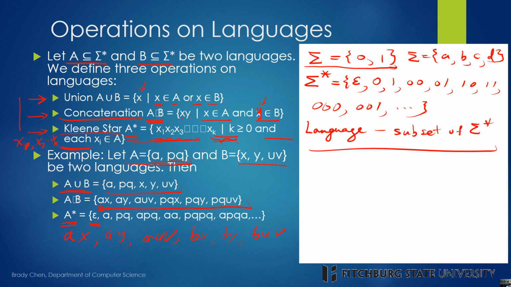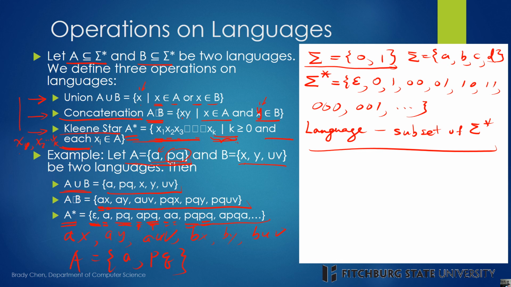So it has epsilon, and then a, and pq from language A. Remember, A is a and pq, right? Then aa, apq, pqa, and pqpq, because pq is a string in this language A. So the Kleene star is defined as the combination of the concatenations of all these strings in A.